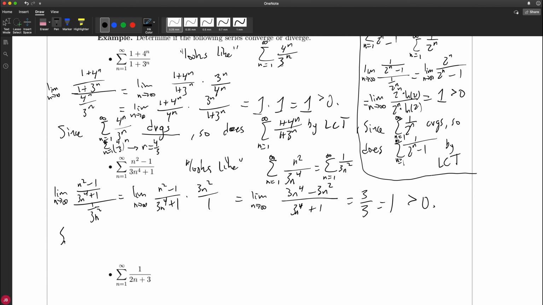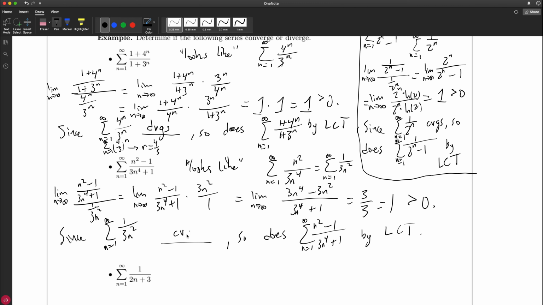So since the sum of 1 over 3n squared from n equals 1 to infinity converges, so does the sum of n squared minus 1 over 3n to the 4 plus 1, by LCT. Well, what does this look like? I think this is a p series with p equal to 2, so I think this converges. P series, p equal to 2, right?